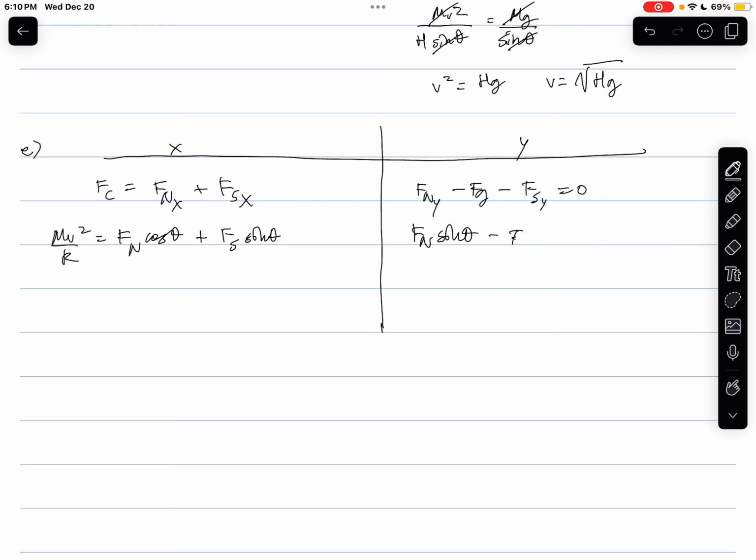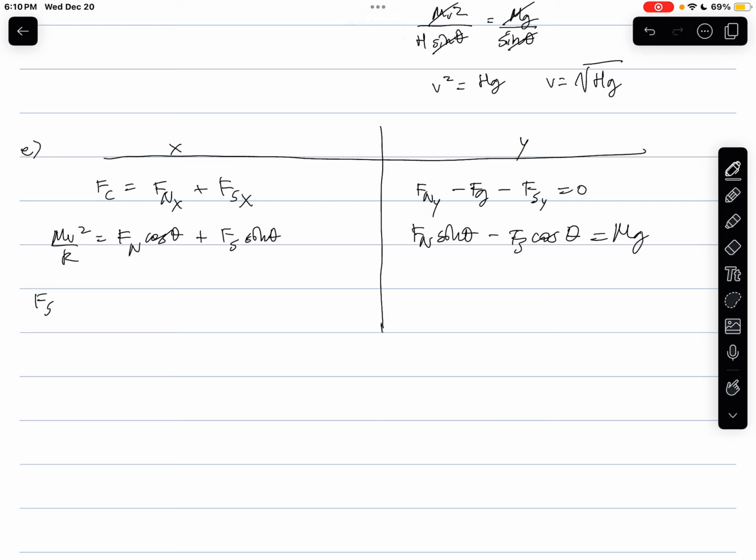Actually, I'm going to move the mg to the other side so it's easier to do everything later. And now I'm going to isolate both sides for m so I can set them equal to each other.